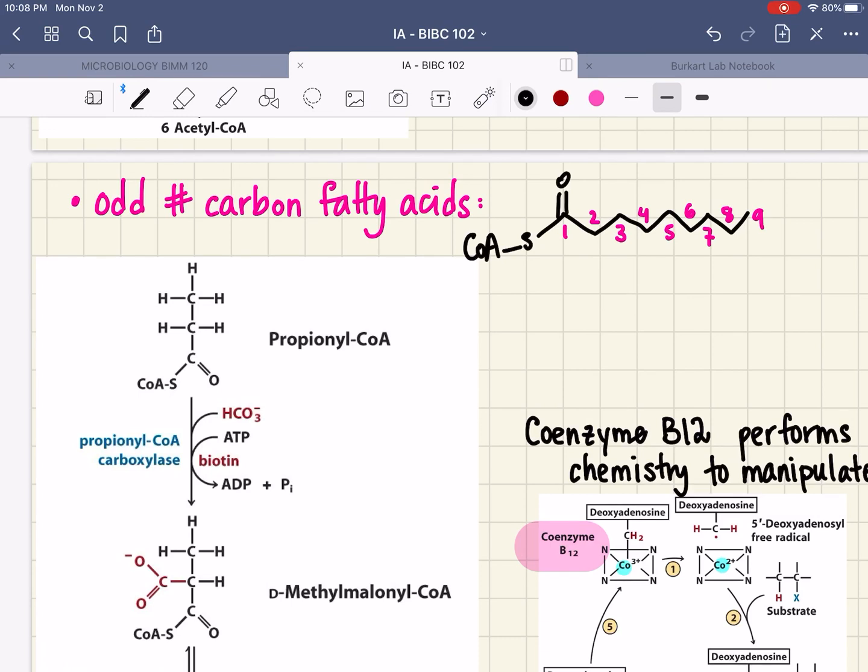There we go. So what happens is, first, these two are cleaved from here, then these two are cleaved from here, then these two are cleaved from here, and at the end we are left with 3 carbons. And that 3 carbon leftover is what propionyl-CoA is. It is the last 3 carbon acyl-CoA that cannot be broken down by beta oxidation anymore.